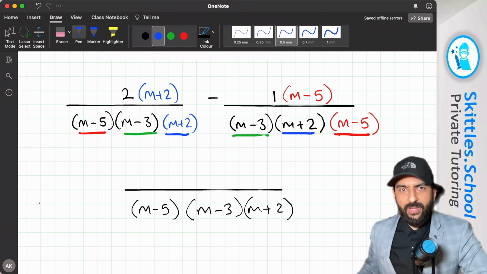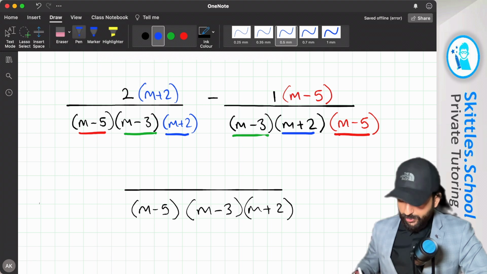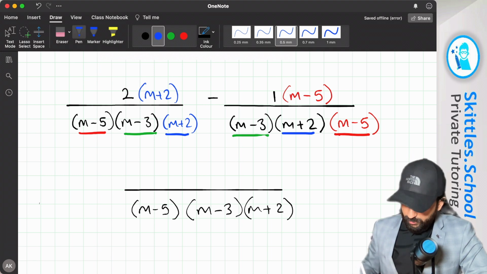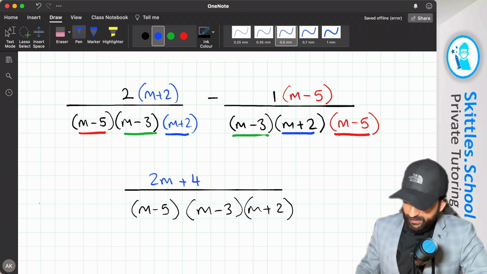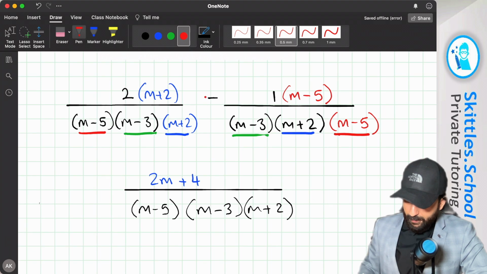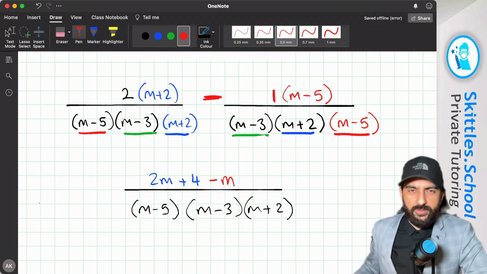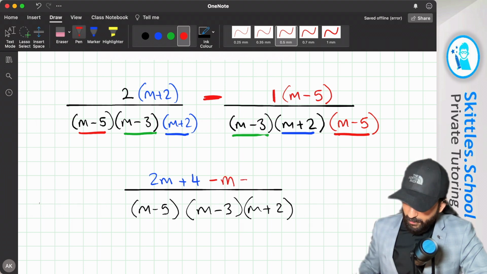Now let's expand the numerators. So on the left, 2 times m plus 2, expanded, 2 times m is 2m, 2 times positive 2 is positive 4. And on the right, minus 1 times m is minus m, and minus 1 times minus 5 is positive 5.